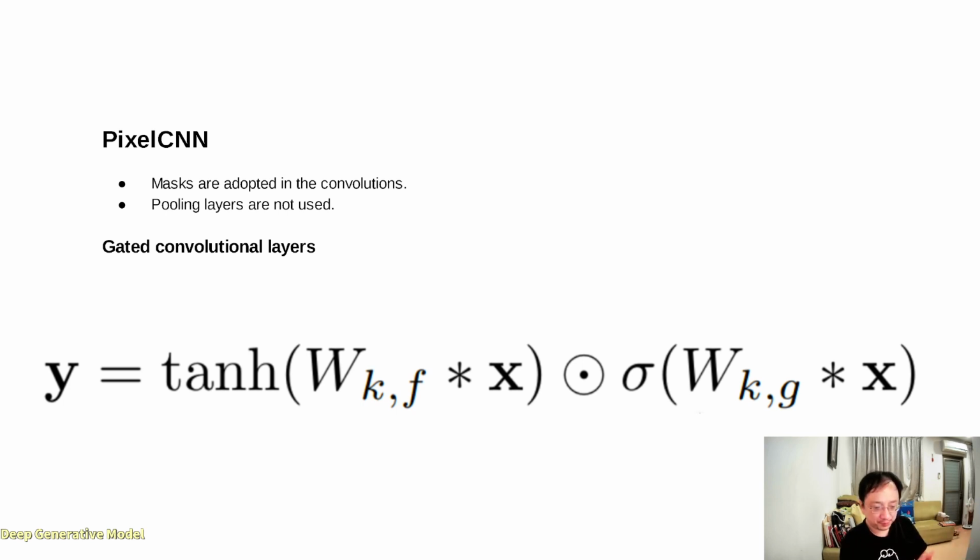There are some subtle things you need to consider, but basically it's quite straightforward. But the interesting thing is that it introduces the gated convolution layers, which is a very useful technique that you can use to control your network.